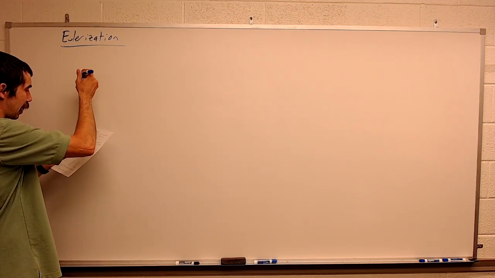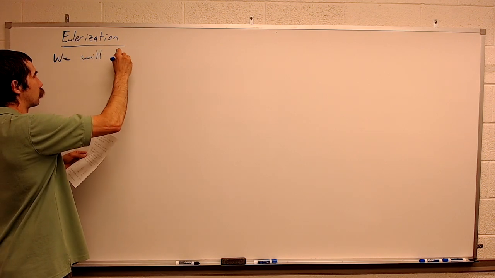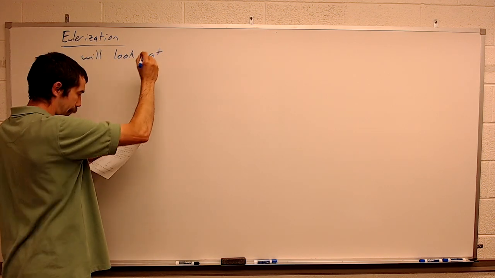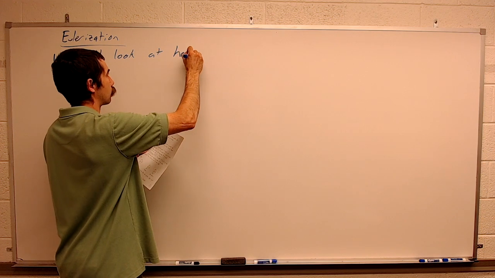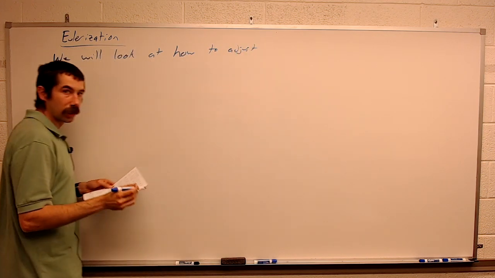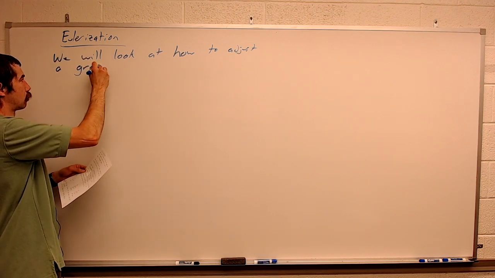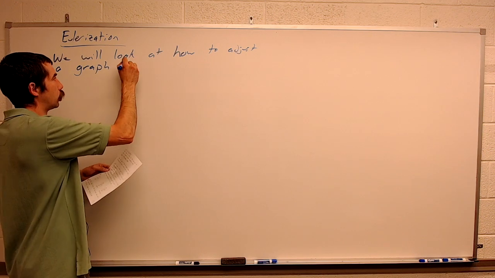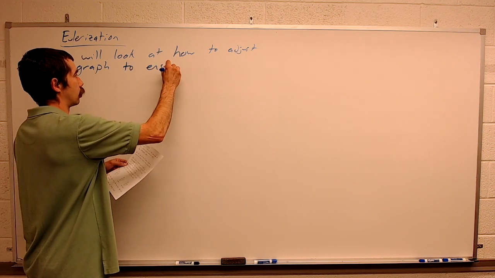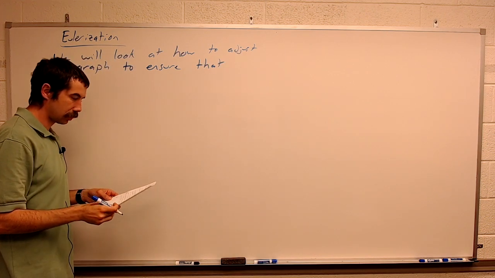What we're going to do today is look at how to adjust a graph to ensure that an Euler circuit or trail can be found.